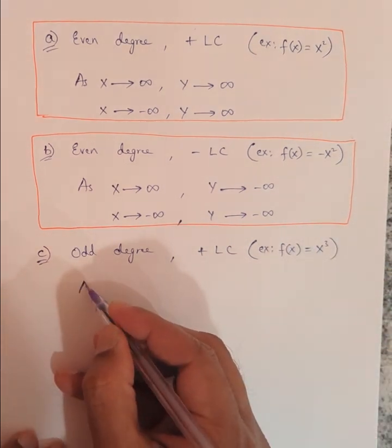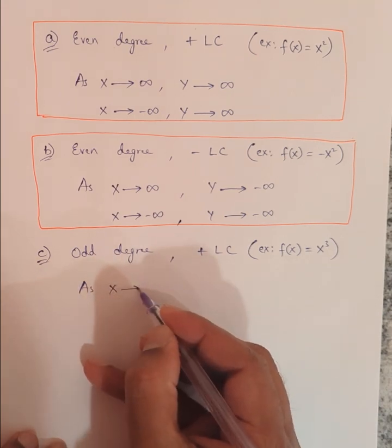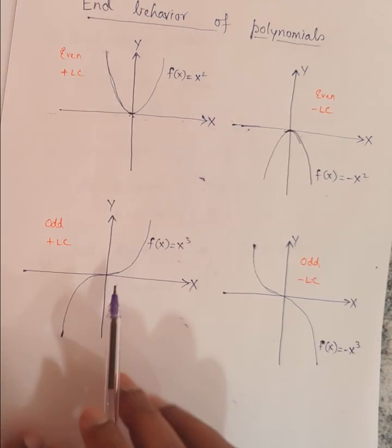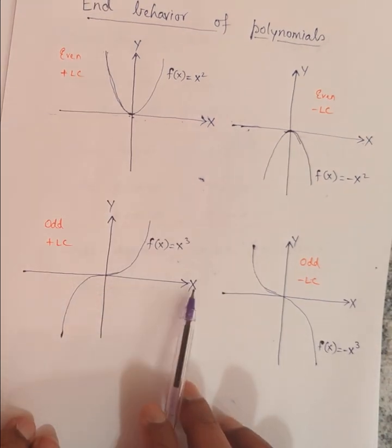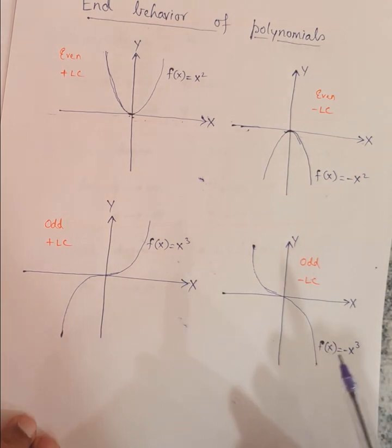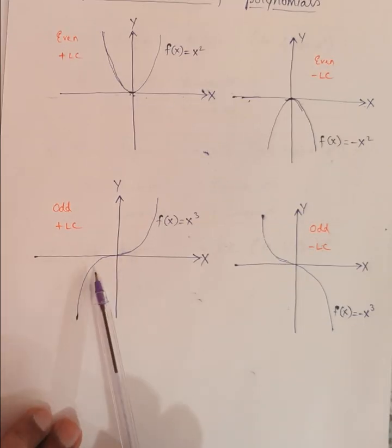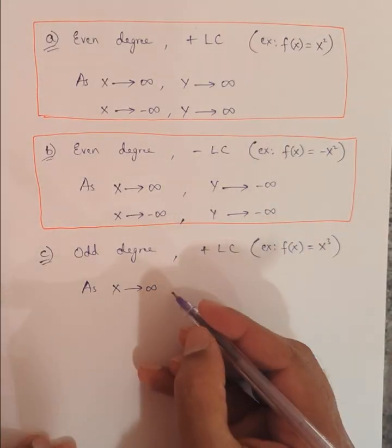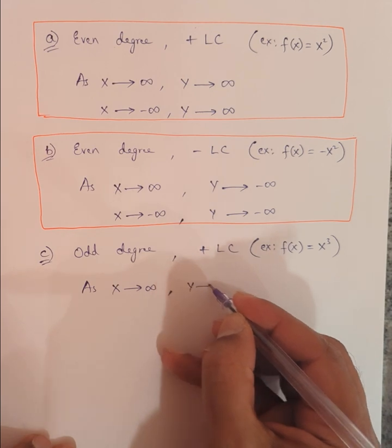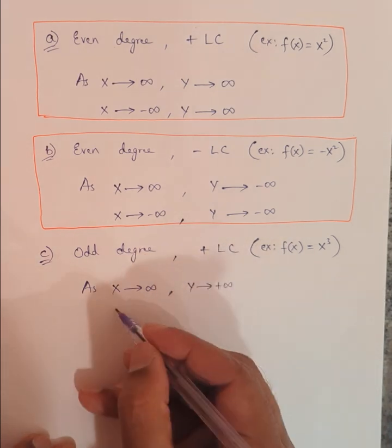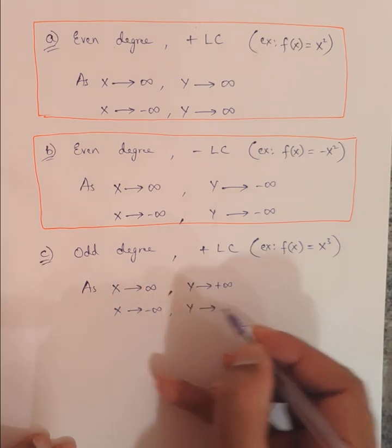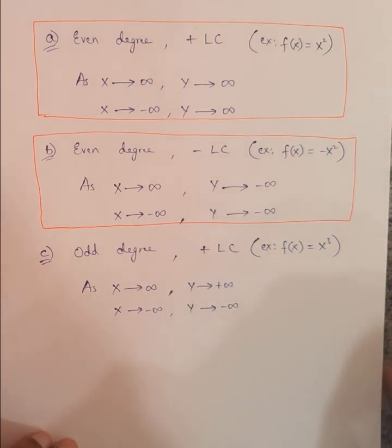What do you notice here? For x cubed, as x approaches positive infinity, y also approaches positive infinity. And when x approaches negative infinity, y approaches negative infinity as well.